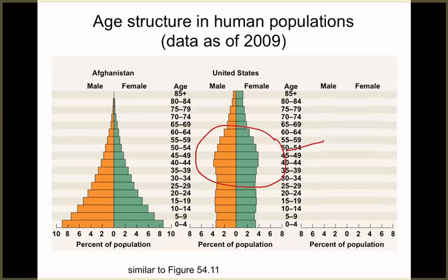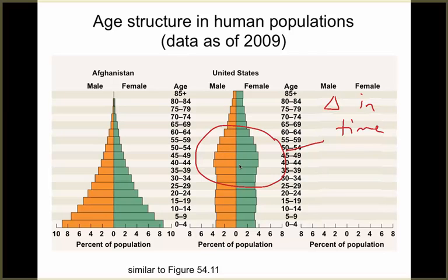So when one sees a bulge like this, we know there has been some kind of change over time. This could either be a change in births or a change in deaths, but it should make sense to you that you can't end up with more 40 to 44-year-olds than 5 years earlier, or in the 35 to 39 bracket, for example.